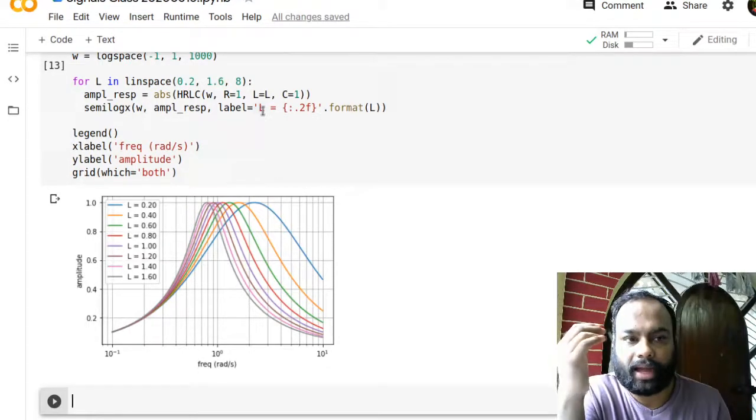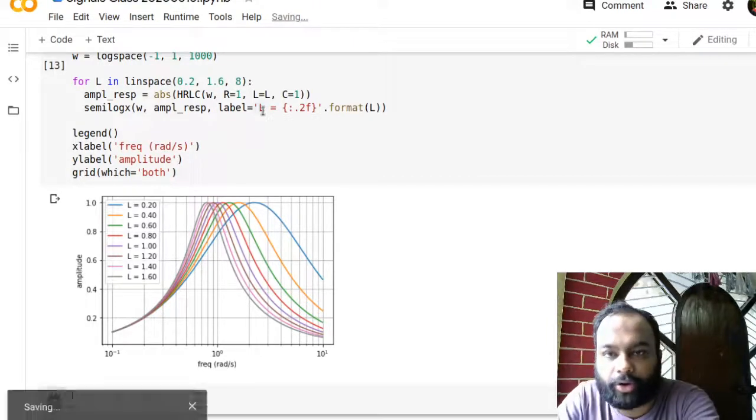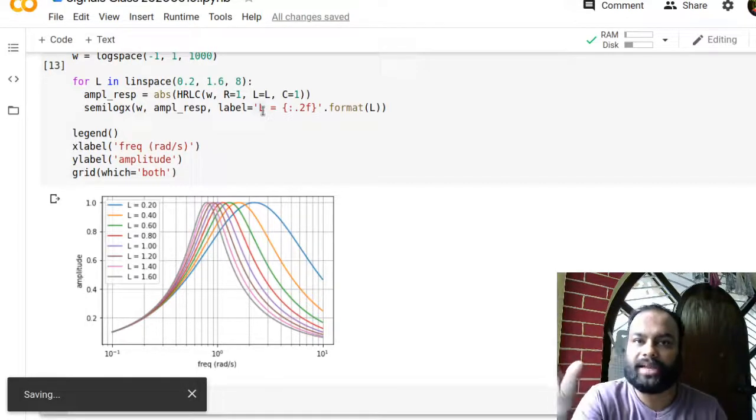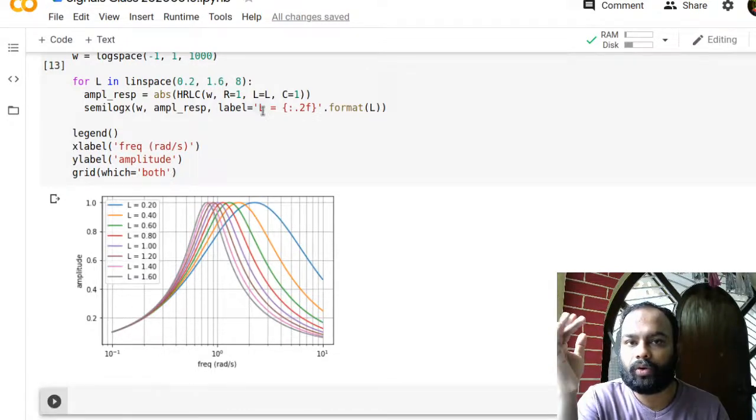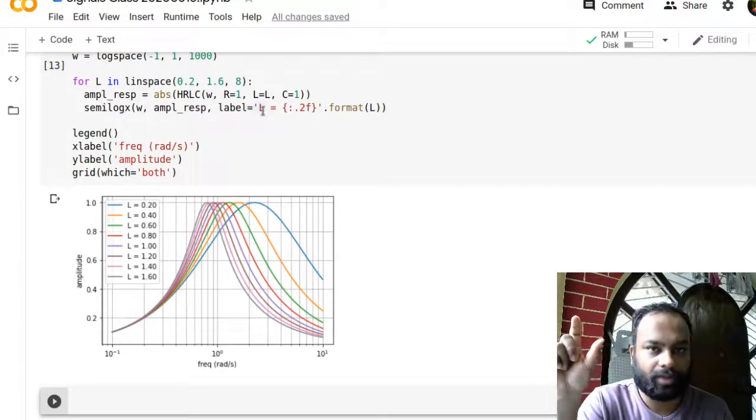Probably we shall discuss all these things in the next class. With that said, I have just saved all the changes. I shared this file in the last class, and I shall do that again after today's class. You are supposed to go through this and try to manipulate the values, and this is how we plot frequency responses.